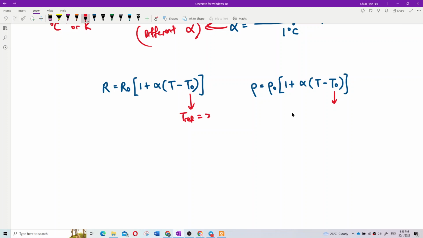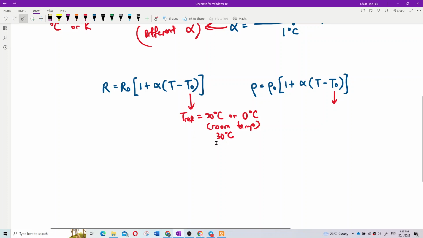It must be either 20 degrees Celsius or 0 degrees Celsius, or sometimes we just use room temperature. We can also sometimes use 30 degrees Celsius. T naught must be one of these values, and R naught is the resistance at T naught.